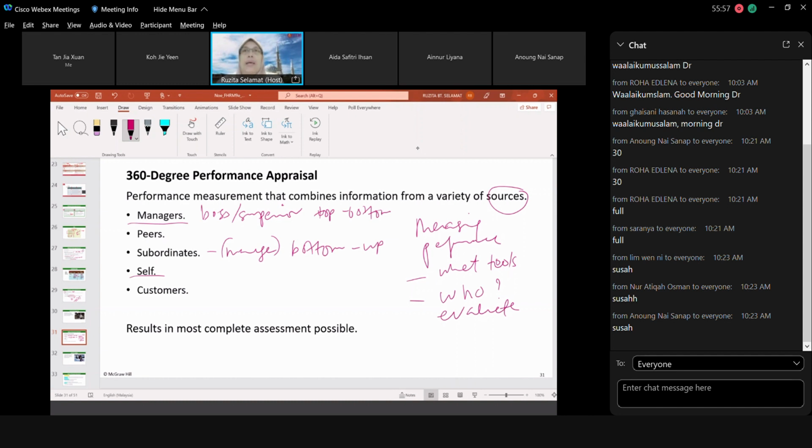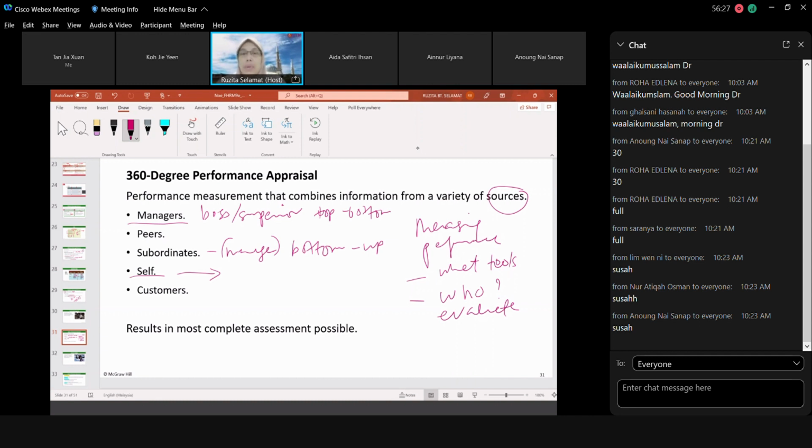Okay, if let's say in my form I put, okay, I attended 40 hours of training this year. So the penilai will check whether the information is true or not, and then they will verify. So self appraisal is very common. But of course, company do not rely on self appraisal alone.